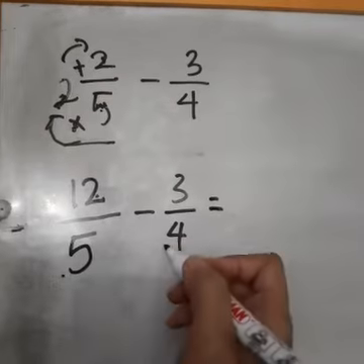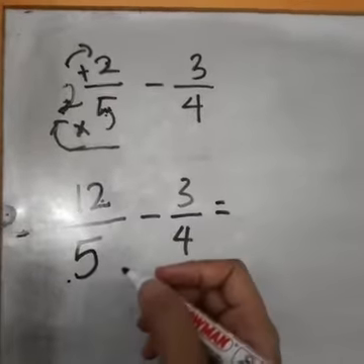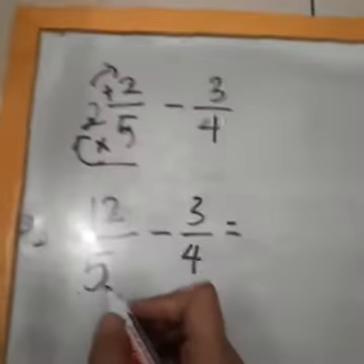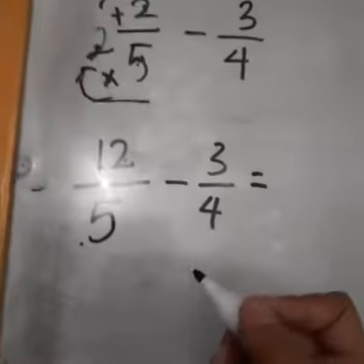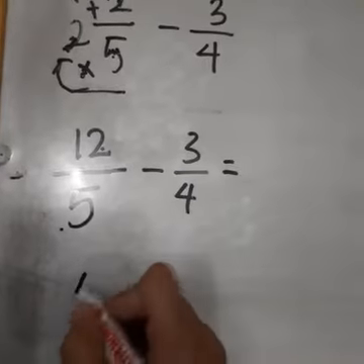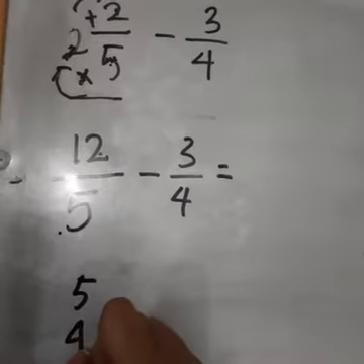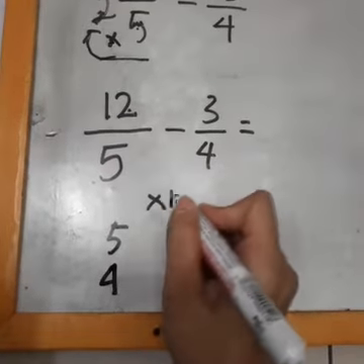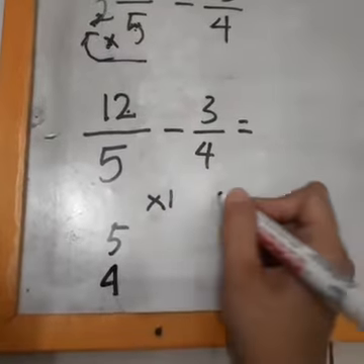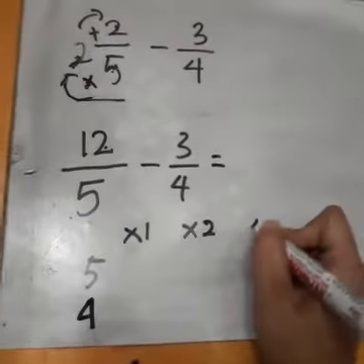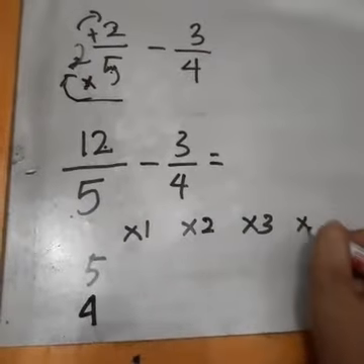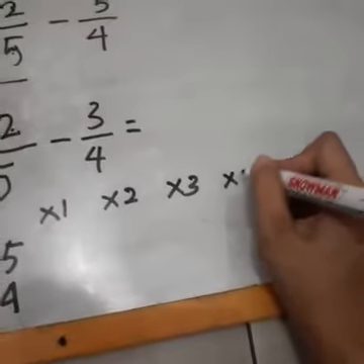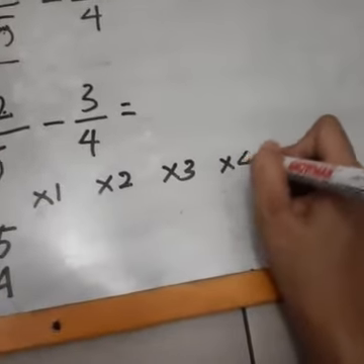They have unlike denominators, so we have to find the common denominator. To find the common denominator, we have to find the least common multiple of 4 and 5. We have to find the first multiple, second multiple, until we find the common number.